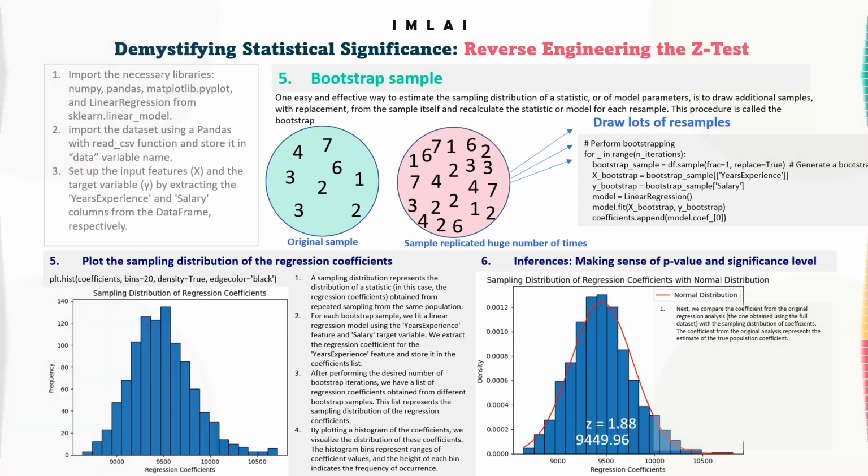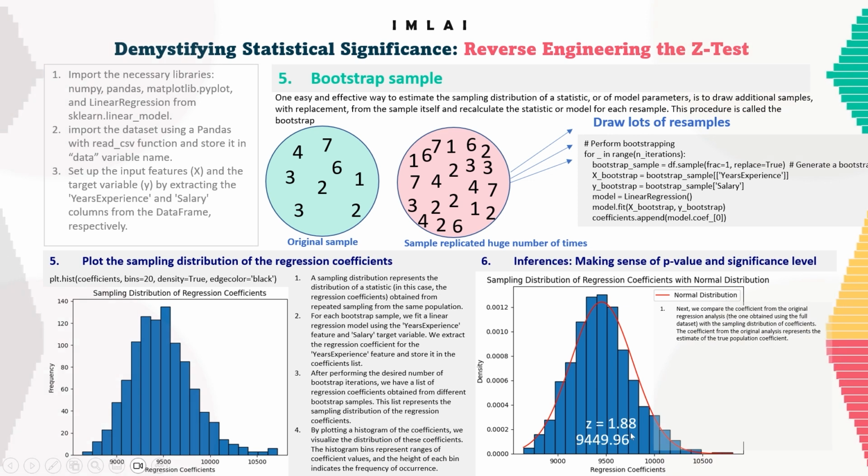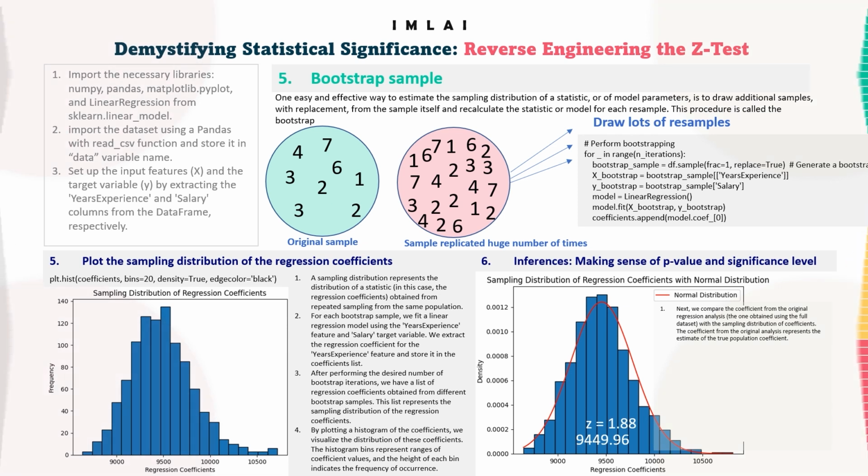Now, you got a z-score of your main observation from the main sample. To say whether it is significant or not, we will be using a significance level. So what is significance level?